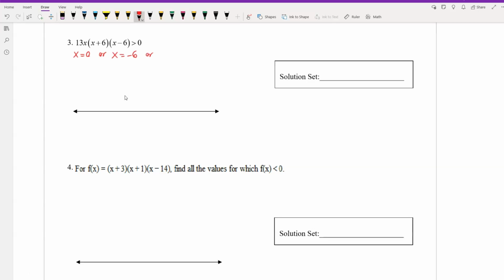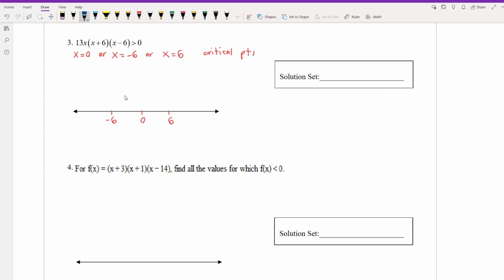Or x minus 6 equal to 0. Solving for x, x is positive 6. So these are critical points. And our number line here we have negative 6, 0, positive 6.